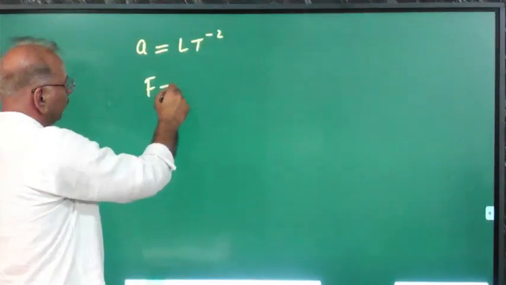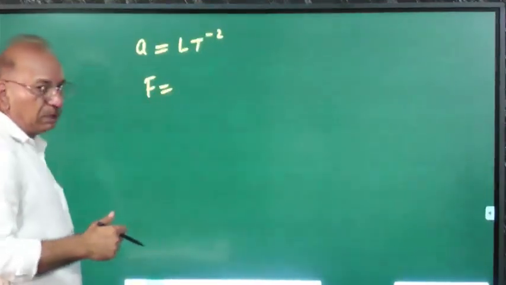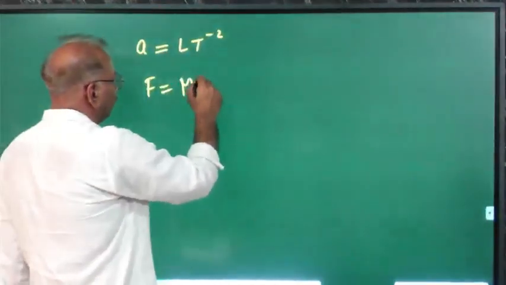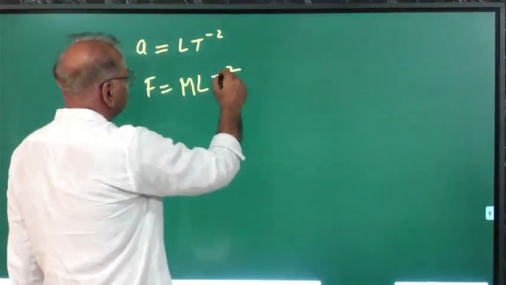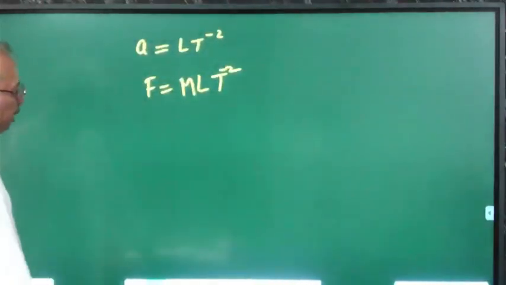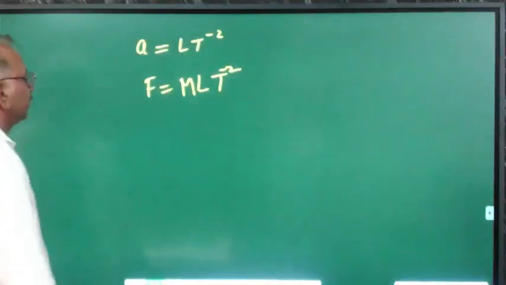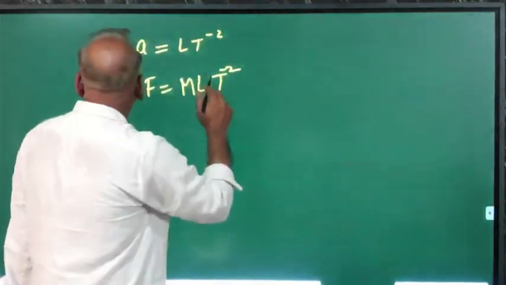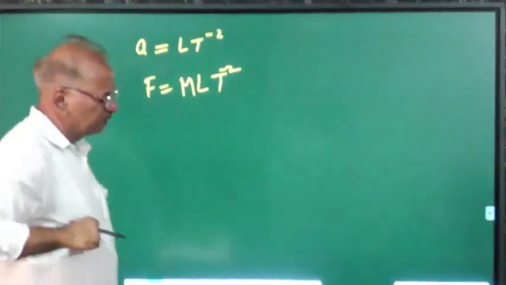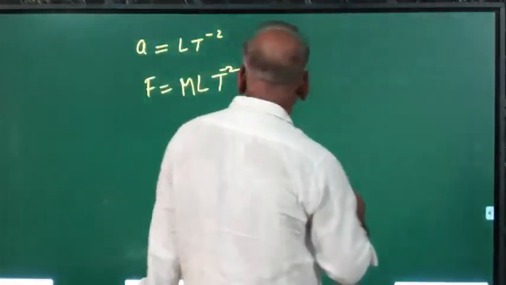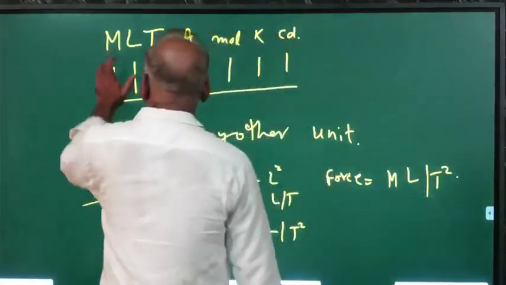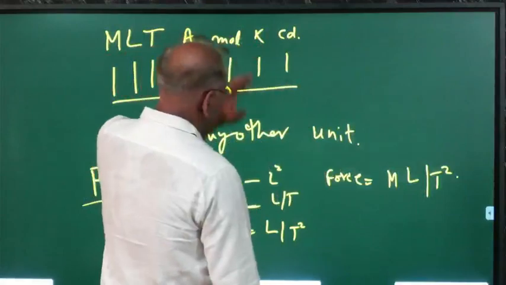When we define force, mass also comes into consideration, and this becomes M L T minus 2. Right? So if we take all the 7-8 fundamental quantities, it can be expressed as 1, 2, 3, 4, 5, 6, 7.